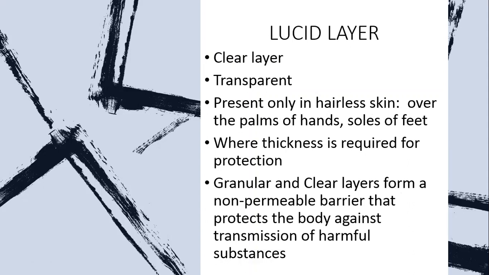Very important to remember, over the palms of the hands or the soles of the feet, where thickness is required in order to gain protection. So the granular layer with the clear layer form a non-permeable barrier that protects the body against transmission of harmful substances.